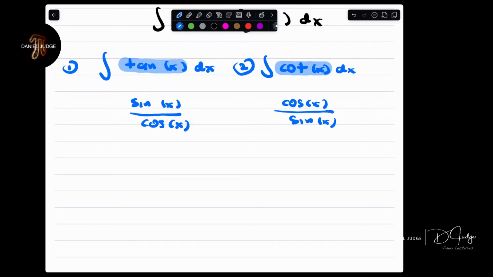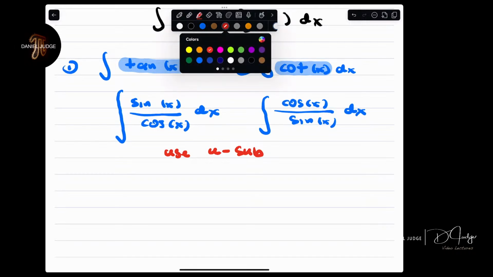So this is what we're saying. This is equivalent to what you see here, and this one will be equivalent to this. Now, the key here is to use u substitution. So we're going to use u sub on both. What u is going to be different for each integral.